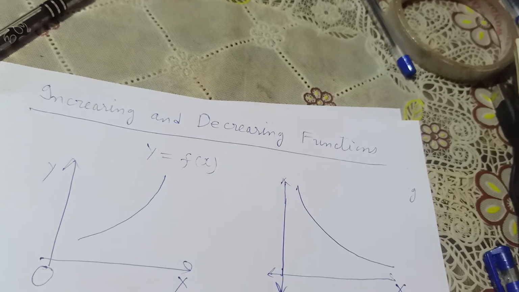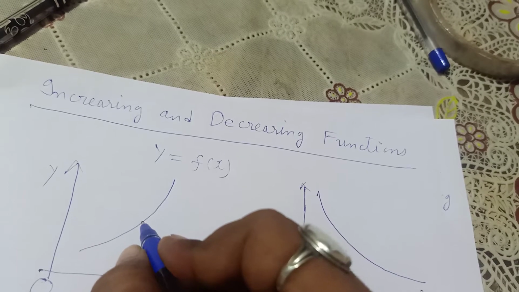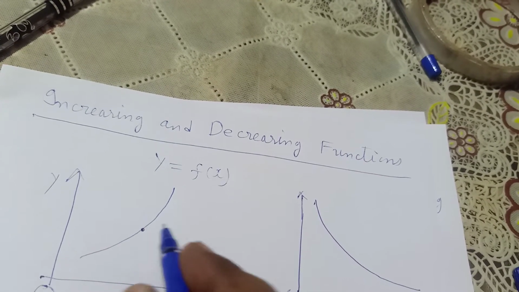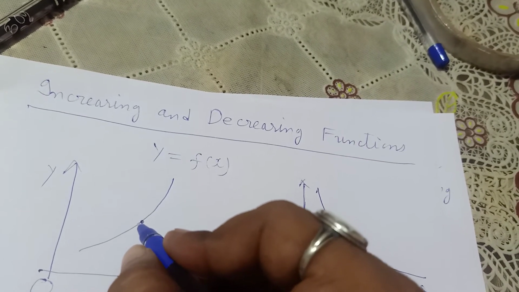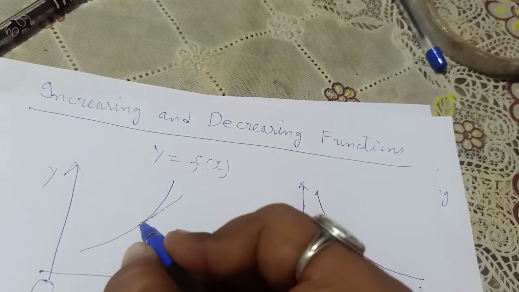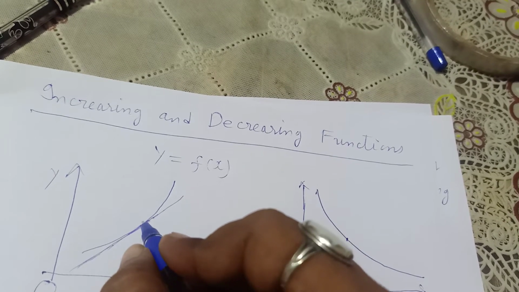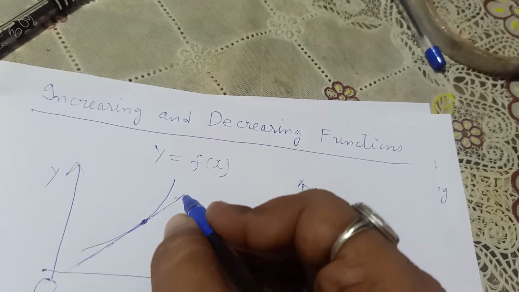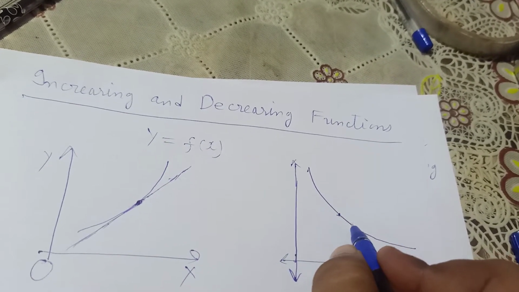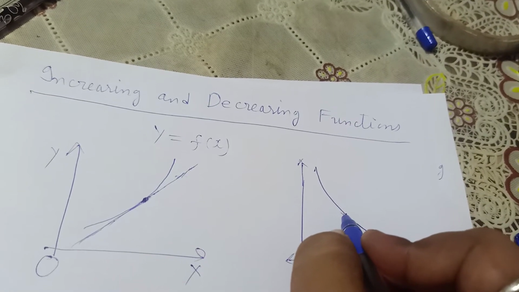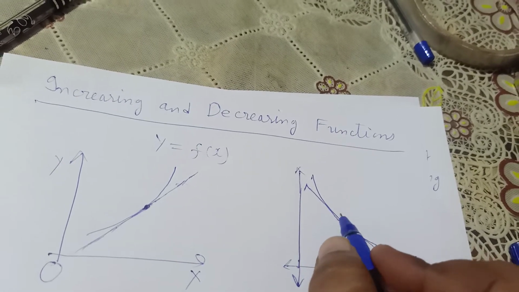Now one thing you can note: if we take any point on both the curves and draw a tangent passing through a particular point, like this and like this, these are the tangents and these are the points of contact.